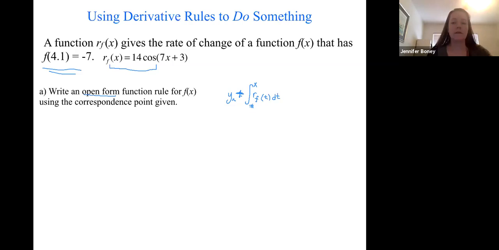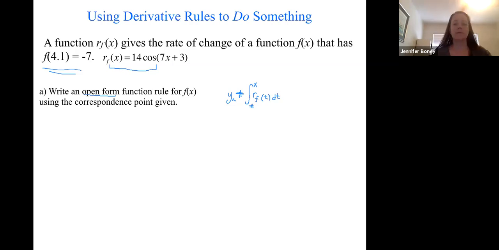Putting in the details, including actual expressions there, I could say that f is given by y initial. The initial y value that we have isn't at an independent value of 0, it's at an independent x value of 4.1, but here we go, that initial value is -7 plus whatever happens after. So these, remember, are our x values here.